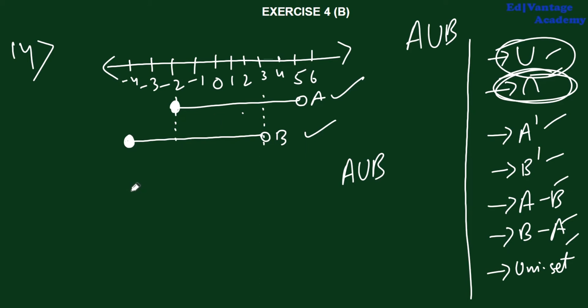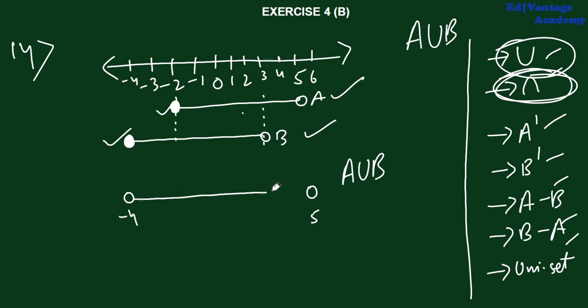So combining elements, B starts from this extreme and goes up to the right, A is out here. So you can see from minus 4 up to 5 is the combination if I club this A and this B together, right?